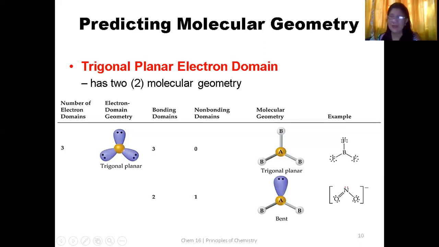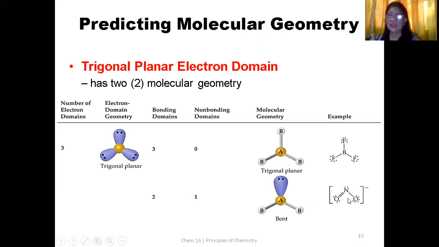So, same thing, how many electron domains does this have? This is 1, 2, 3. Okay, 1, 2, 3. Each pair counts as a domain. Then how many bonding domains?